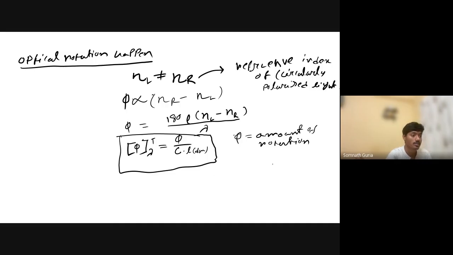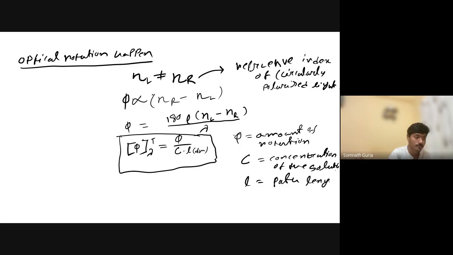And phi is the optical rotation, C is the concentration of the solution, L is the path length, a polarimeter parameter whose unit should be decimeter.